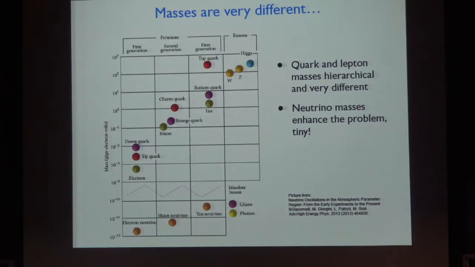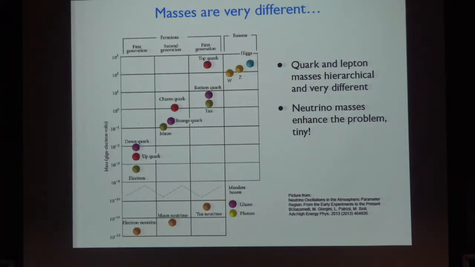So there are 5 orders of magnitude, and they both have the same quantum numbers, and they both acquire mass through the vacuum expectation value of the Higgs field, which means that the Yukawa coupling of the top is 10 to the 5 times larger than the Yukawa coupling of the up quark, being otherwise identical. Now that's a bit unnatural too, not as unnatural as 30 orders of magnitude, but it's still a bit puzzling.